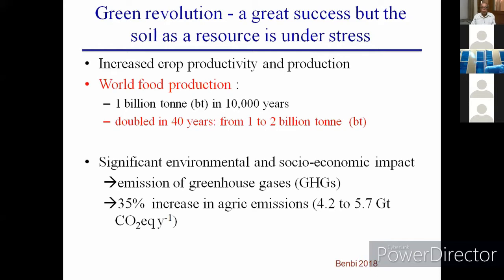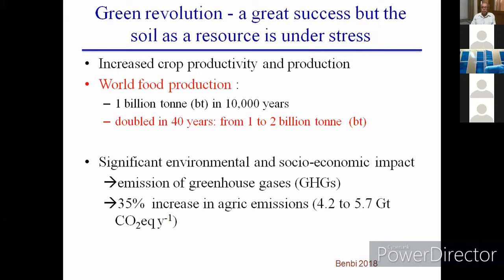If you see the world food production, to produce 1 billion tons of food in the world, it took us 10,000 years. But when we had the green revolution technology adopted, we improved crop varieties, we had access to irrigation water, even through private wells, we had mechanized agriculture, nutrients, and pesticides, all those aspects associated with the revolution helped us in doubling our production within 40 years.